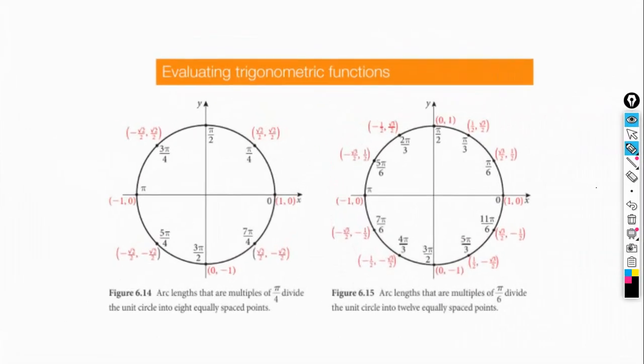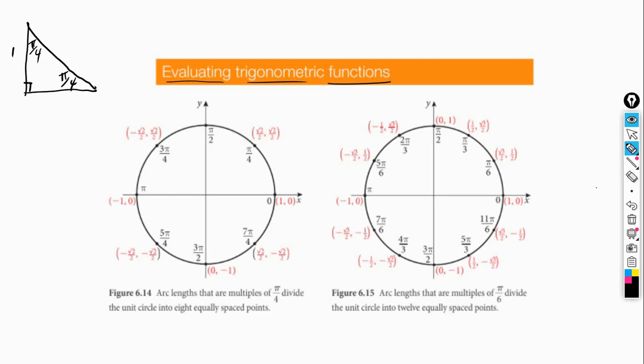So in the next slide, you're going to find evaluating trigonometric functions. So before we go to these unit circles, let's remember something. Now, if we have a right triangle with two acute angles that are the same, in other words, 45 degrees, or in radians, pi over 4 and pi over 4, remember that there's a ratio for the sides, the legs and the hypotenuse.